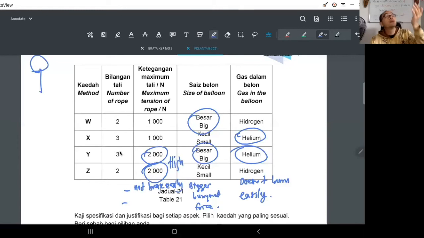Or another one, can withstand higher mass. Dia boleh tahan lah dengan jisim yang berat. Sorry, jisim yang besar. Not break easily.